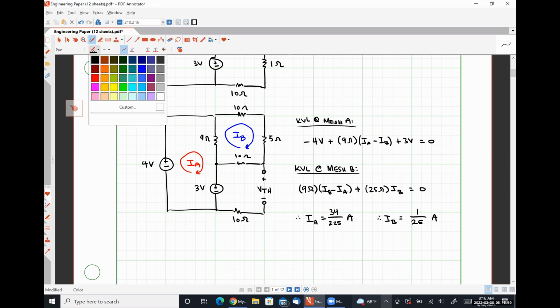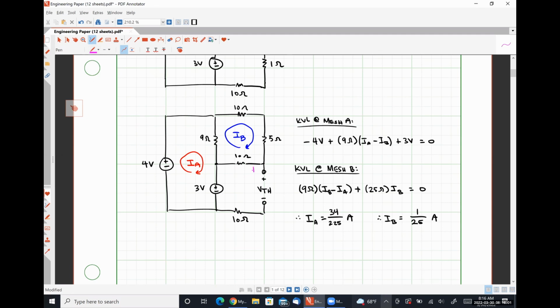So I'm going to say that this is a voltage V10. Actually, I'm not going to call it V10. I'm going to call it VX because that's going to be confusing. And this is a voltage VY, like so.